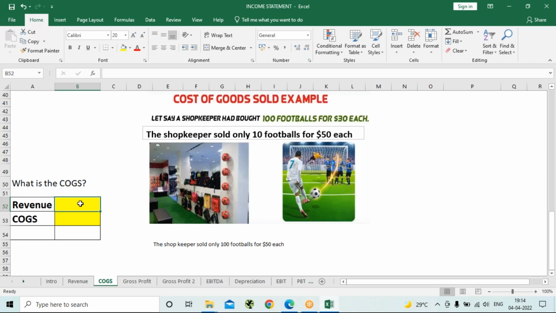So try to bring me the answer for revenue and COGS value. Can anyone try? What would be the revenue value? I'll give a minute of time. I'll be getting back to you at 7:17, so by this time, please keep your answer ready.